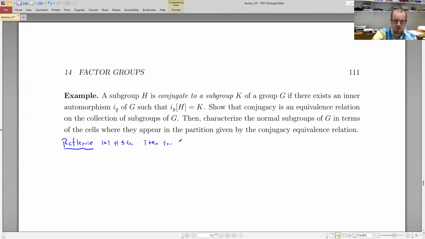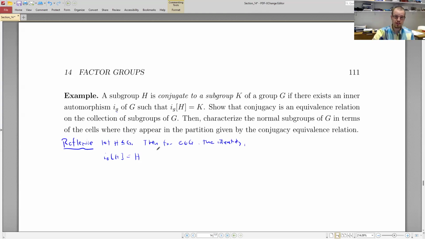Then for the element E in G, the identity, we can observe that I sub E of the subset H is exactly the group H. So the image of the group H is H itself, right?